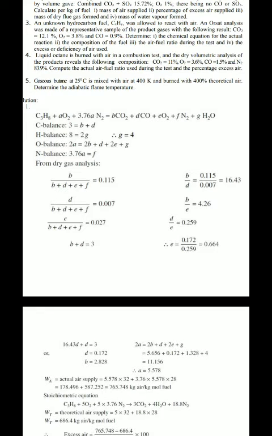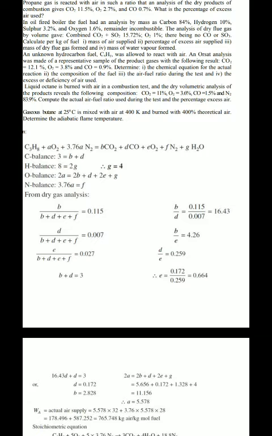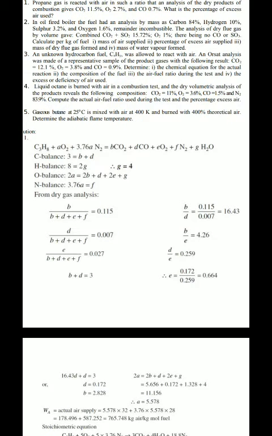After that, D indicates CO, which is 0.7%. So D by this is this, and E by this is this. From here we can find B by D by dividing equation 1 by 2. Suppose B by D is this, B by E is this, D by E is this.